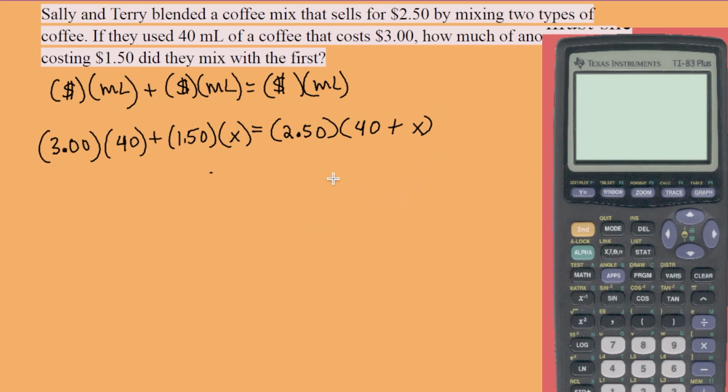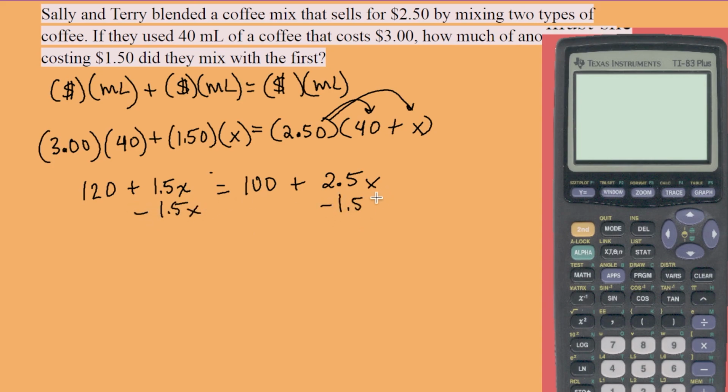So now we just solve this equation. Simplify. 3 times 40 is 120 plus 1.5x equals, distribute the 2.5 to 40, that is 100 plus 2.5 times x, 2.5x. So let's move all the x's to one side. We can subtract the 1.5x minus 1.5x.